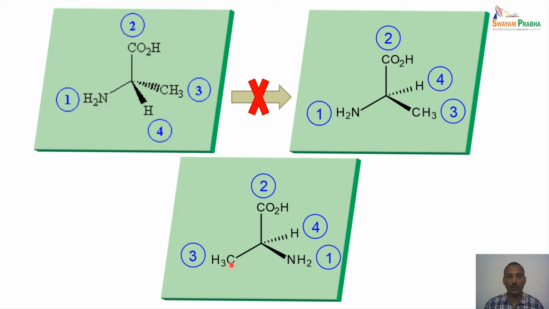That is how it comes here. This is how we have to rotate the entire set of bonds, and not break the bonds and reattach them. This is one thing you must always remember whenever we assign the configuration: make sure that you rotate the lowest priority group away from you. I will show a demonstration for this one.